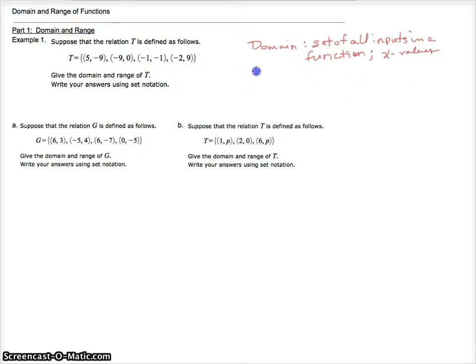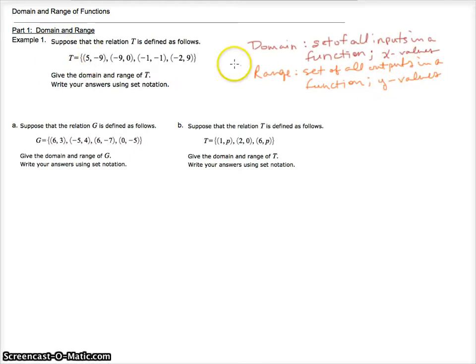The range, then, is the set of all outputs in a function, or the y values. So you can think of it two ways, inputs and outputs, or x's and y's.